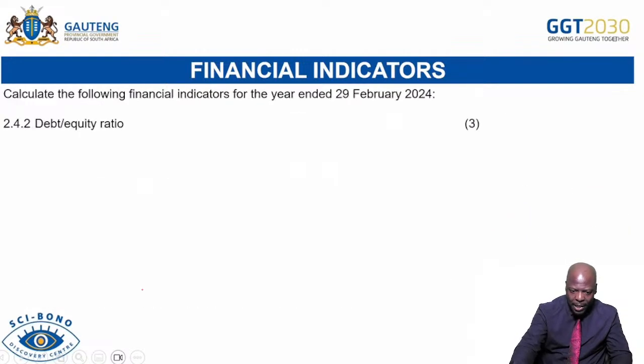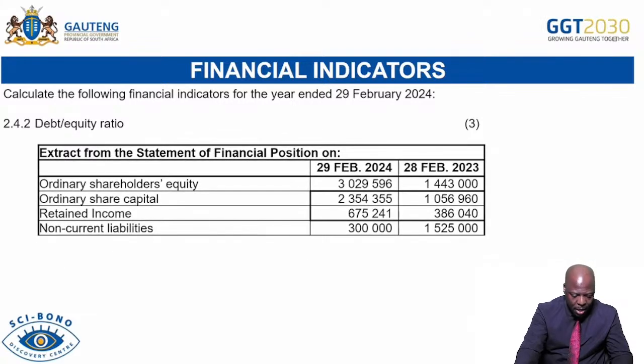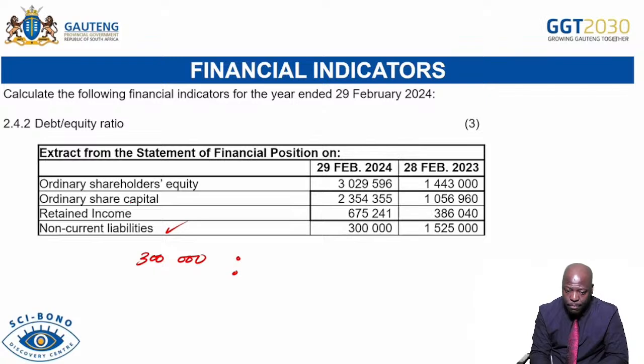Let's go on to the next one. And the next one is my debt equity. Remember, we already did this one earlier on. So that means I'm going to need my debt, which is my non-current liabilities, which is my 300,000 over there, as to my ordinary shareholders' equity, which is my 3,029,596.